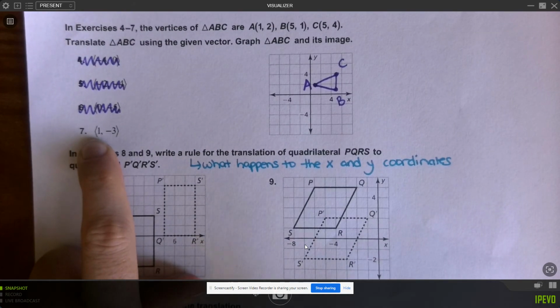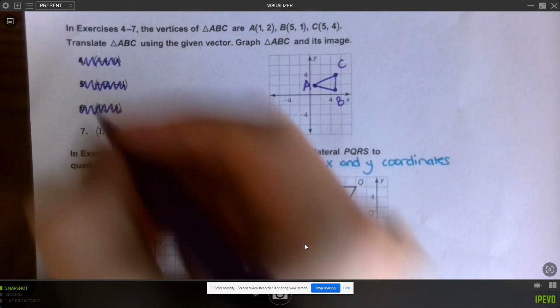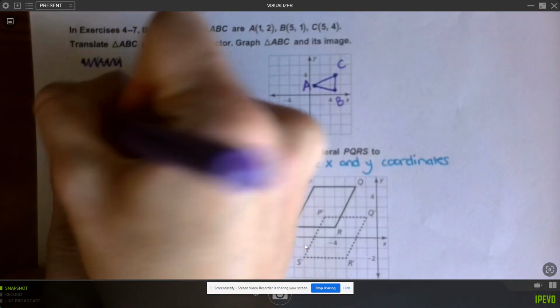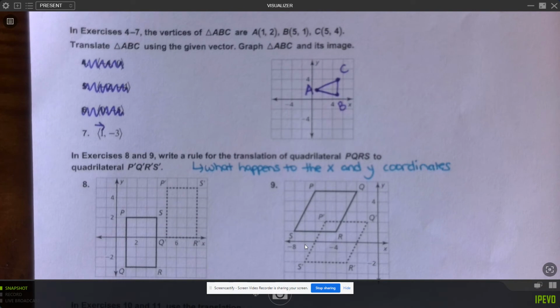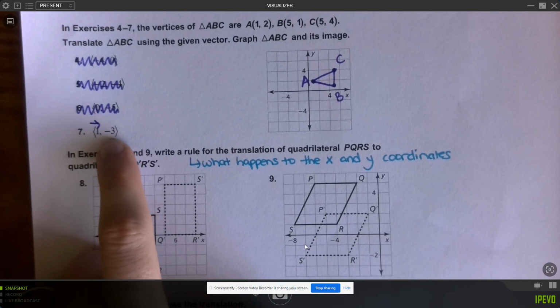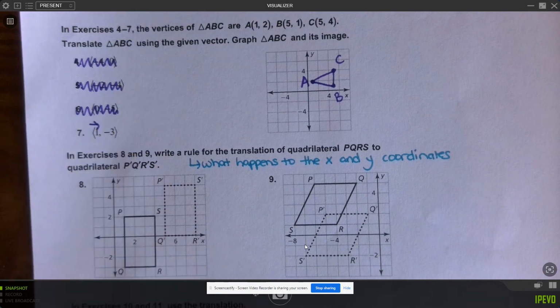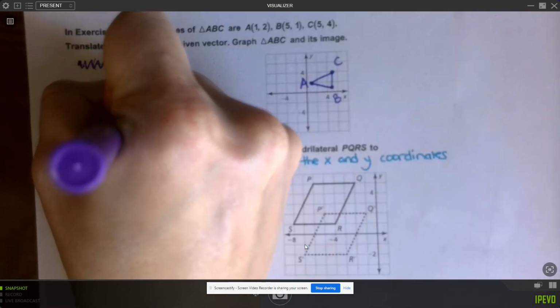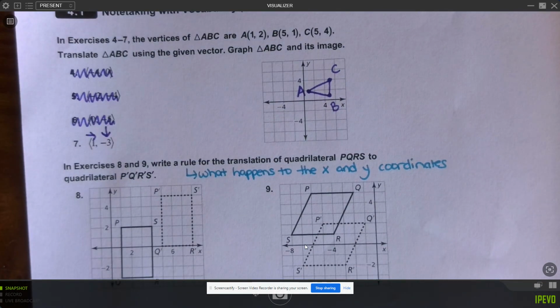So we need to take triangle ABC and move it to the right 1 unit. And the vertical component is -3. So we also need to take triangle ABC and move it down 3 units. So we're going to do this to each point in the triangle.